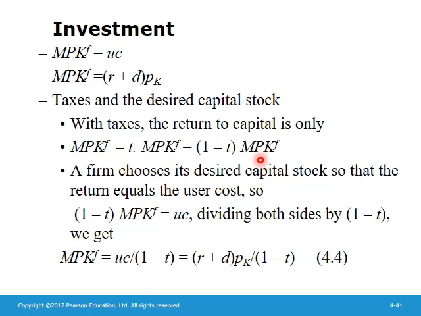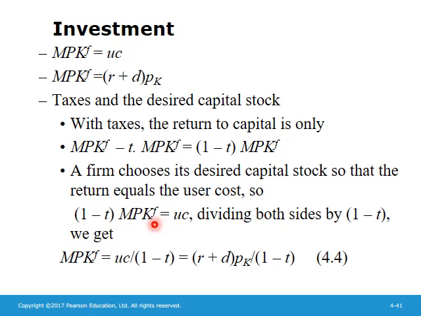This is the new condition. Now I have to take taxes into consideration. This is my marginal product of capital after tax, equal to my user cost. This is the new condition in order to maximize the profit.